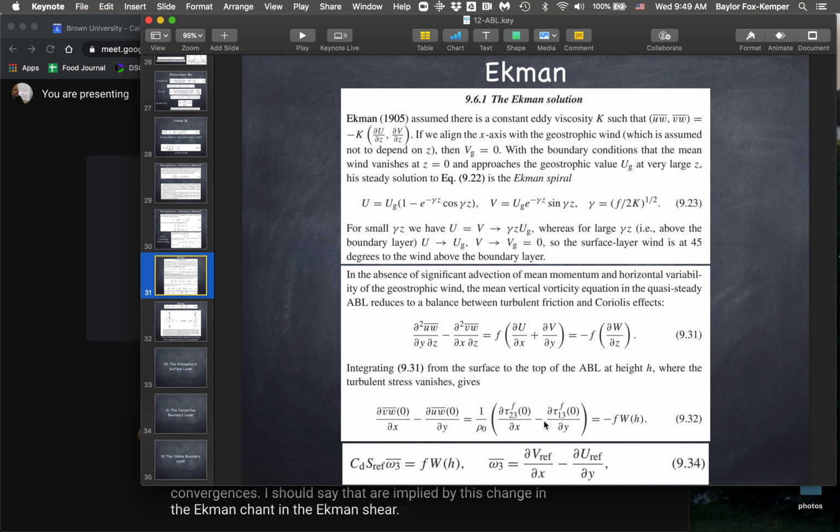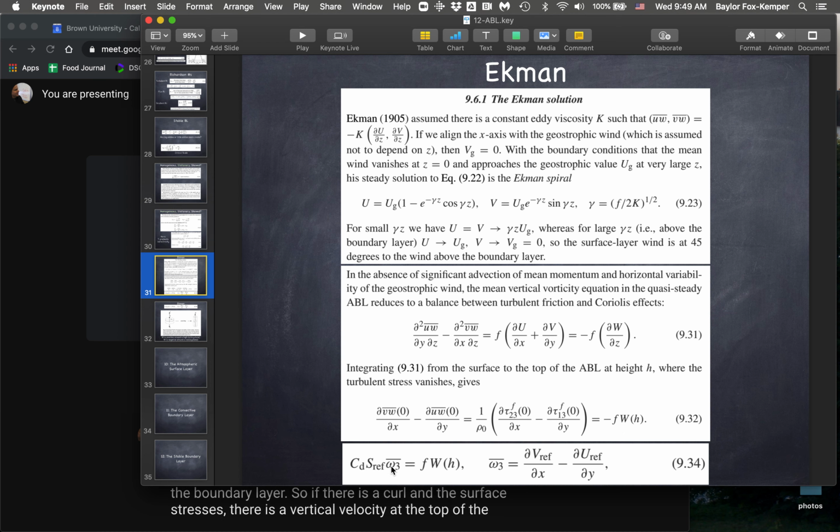Or thinking of it in terms of the stresses, you can see that the derivatives of the stresses, and this is like the curl of the wind, or the curl of the surface stress, is giving you this vertical velocity at the top of the boundary layer. So if there is a curl in the surface stresses, there is a vertical velocity at the top of the boundary layer.